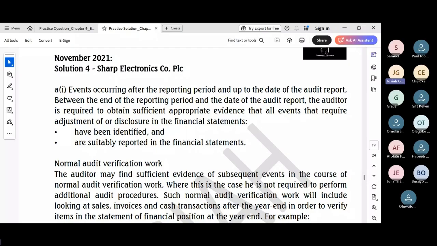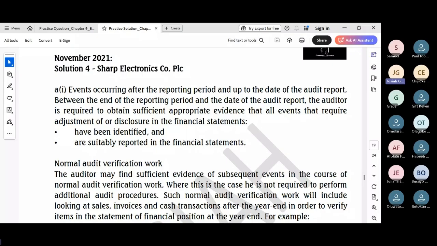Number 1, procedures performed during normal audit work, like testing receivables and inventory valued at cost and net realizable value. Remember, we spoke about that. Secondly, procedures aiming to specifically identify subsequent events. Those procedures could include reading minutes of meetings, inquiries of management, and getting management's representation.